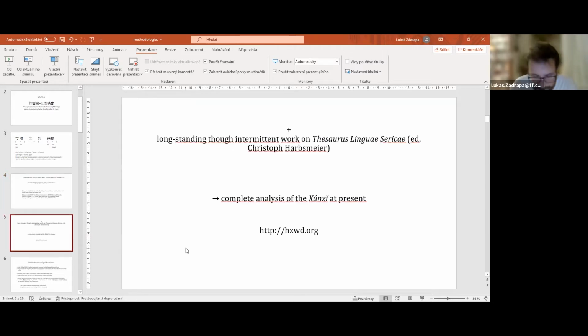But the immediate impulse was my long-standing, though intermittent work on Thesaurus Linguae Sericae, or Seritae, as Christoph Harbsmeier wants to have it.